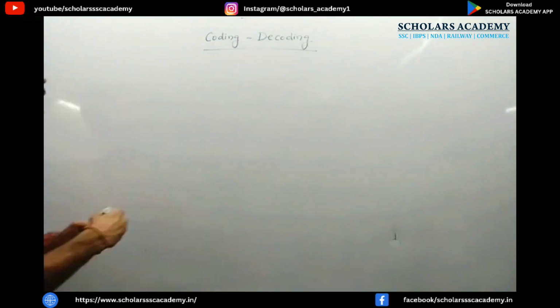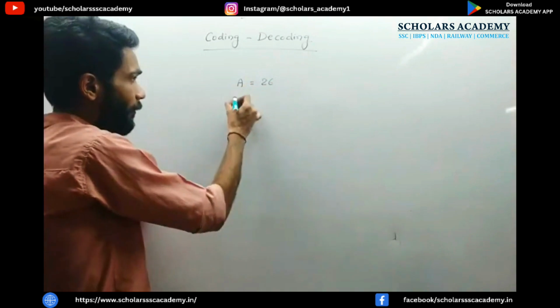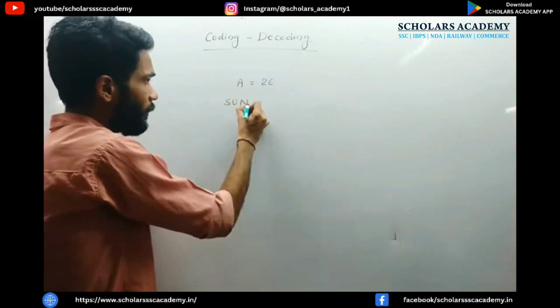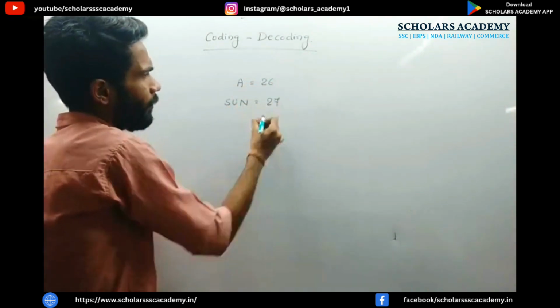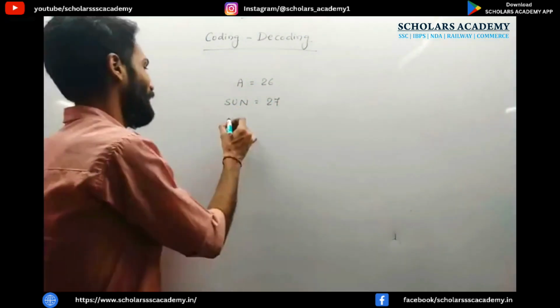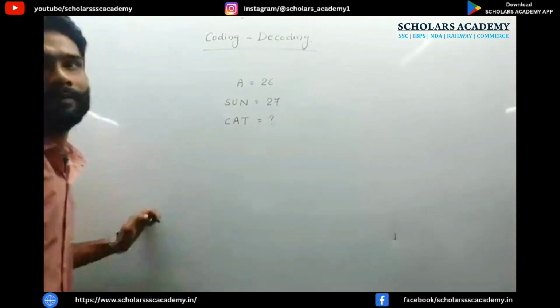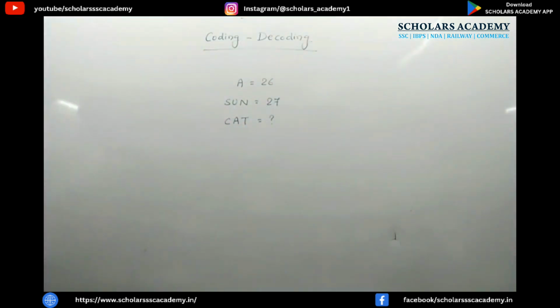Next is if A is coded as 26. So the example that I have given to you, sun is written as 27, and then cat will be written as what?